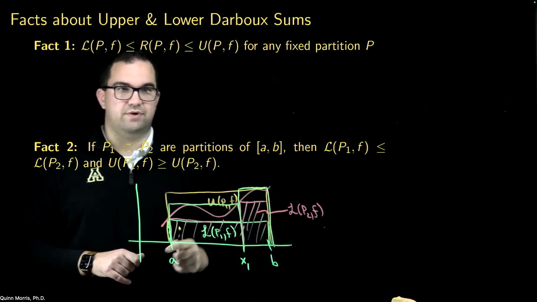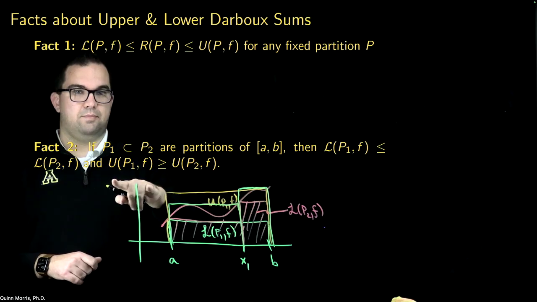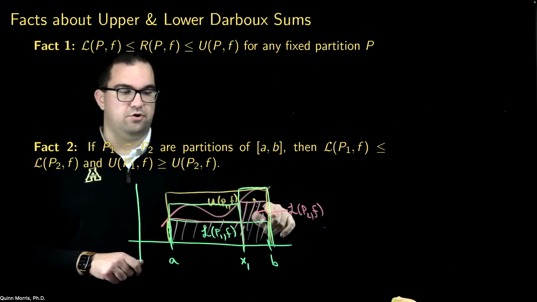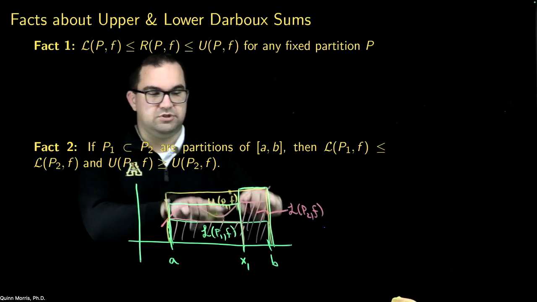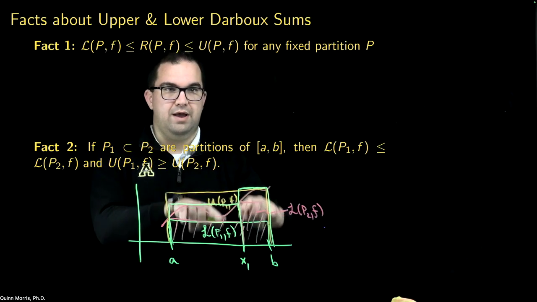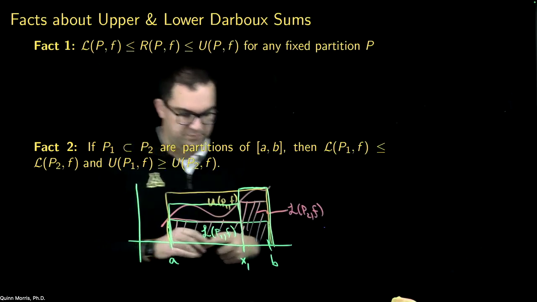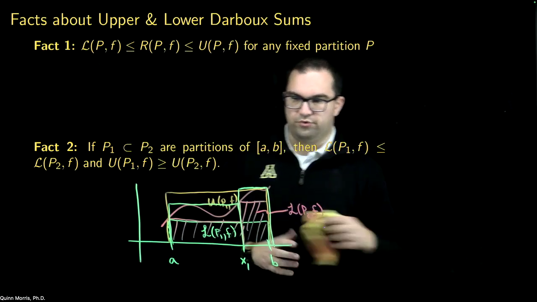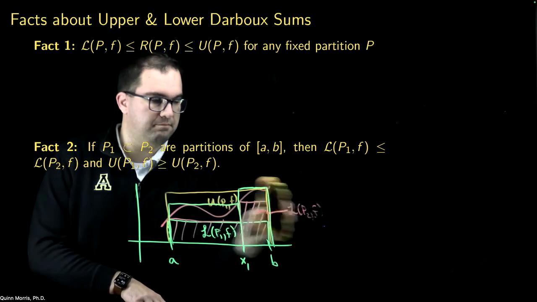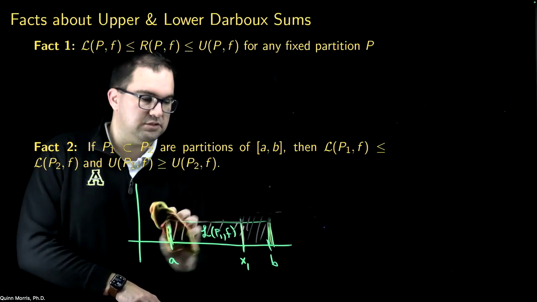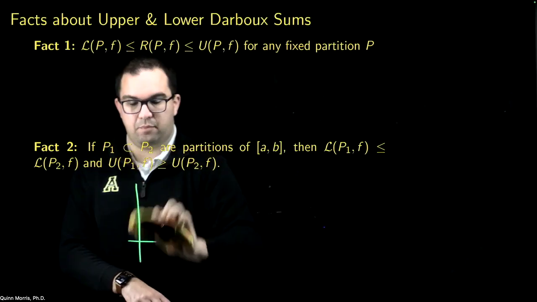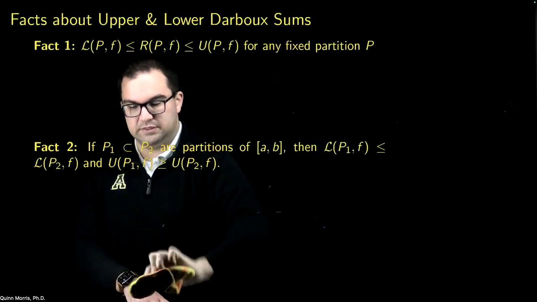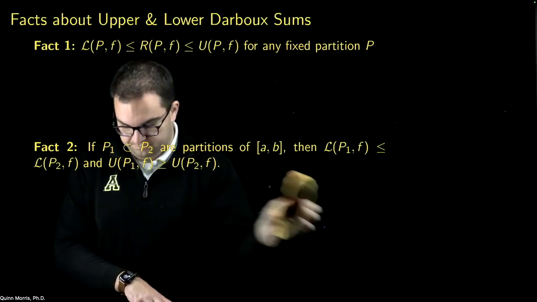So the upper sum of P1F is greater than or equal to the upper sum of P2F. Again, you get this ordering of upper and lower sums as you take refinements of partitions, as you add more points into your partition.